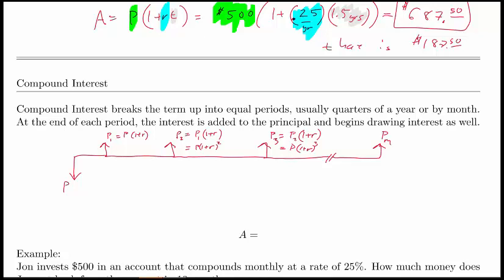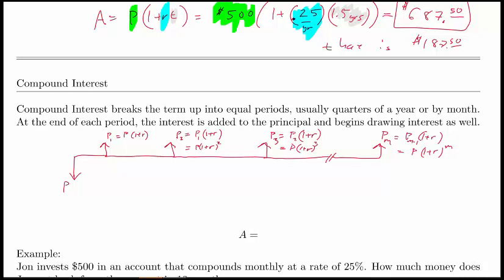And for M compounding periods, it's going to be P times (1 plus R) to the M minus 1 times 1 plus R, which is simply the original principal times 1 plus R to the Mth power. And again, M equals the total number of compounds.